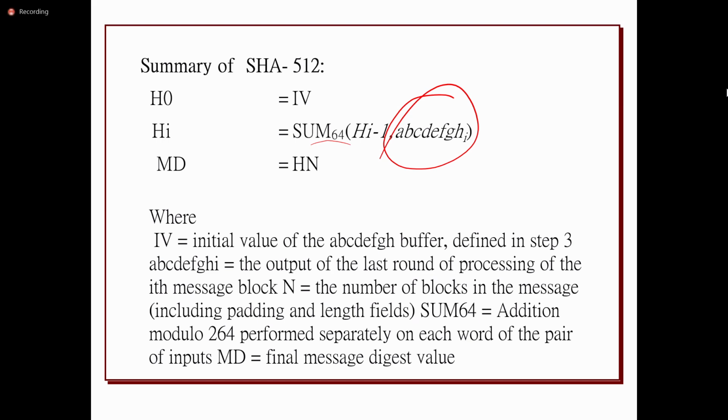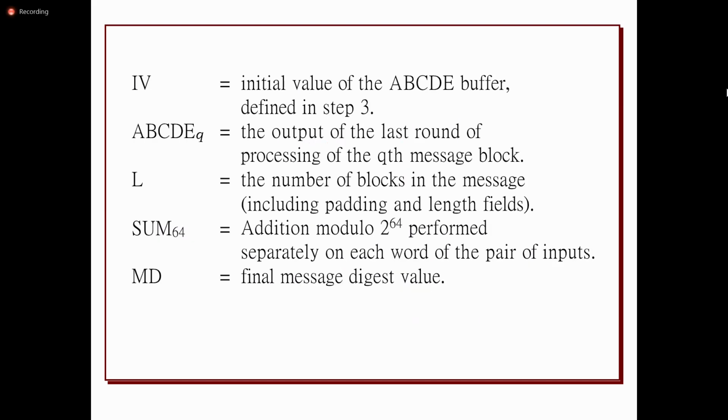In order to produce the hash code, that is the message digest, it is going to use these operations. So totally it is going to perform 5 steps.